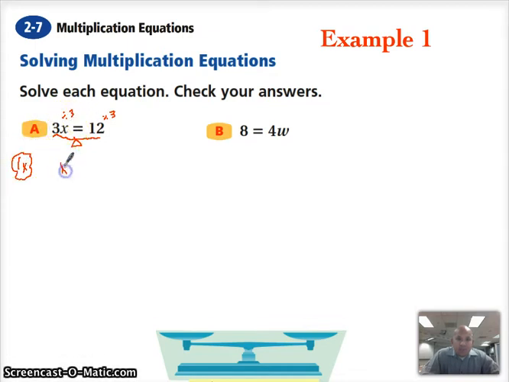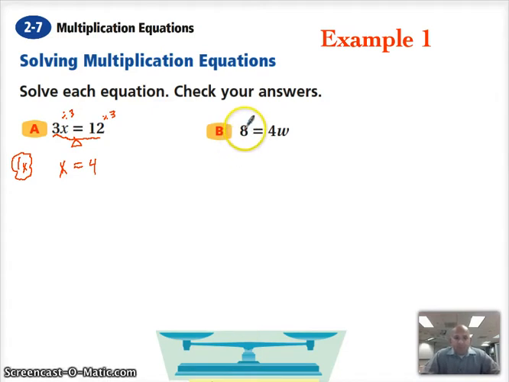So what we have left is an x on this side. 12 divided by 3, of course, is 4. Now, again, the solution is very easy to come up with. You can do this mentally, but it's the algebra involved. Isolating the variable, using the inverse operation of multiplication, 3 divided by 3, and then doing to both sides of the equation.